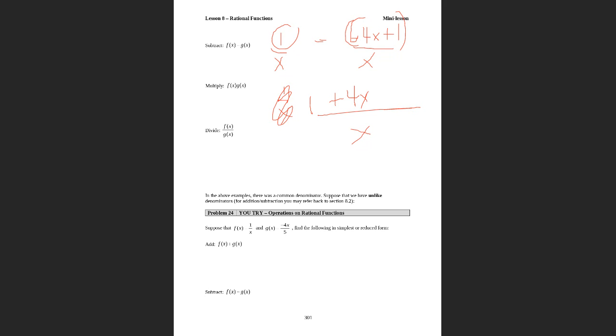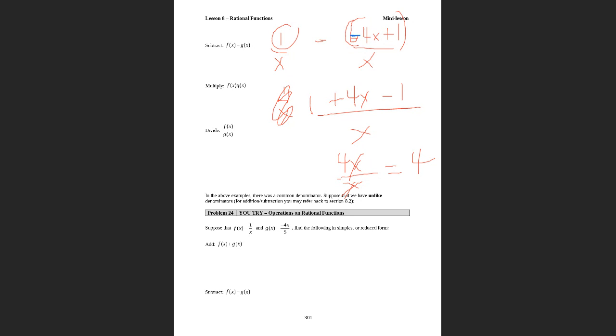You already have a minus here. Negative times positive 1 is negative 1. So 1 minus 1 is 0. You have 4x over x, which gives you a 4. Like that, it gives you a 4.